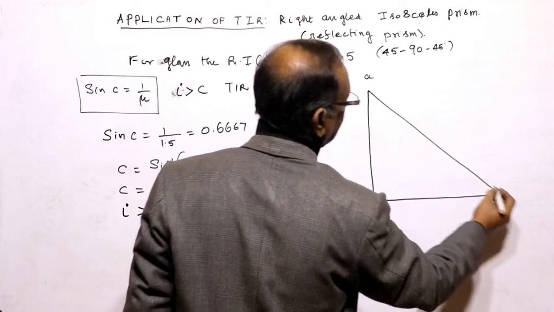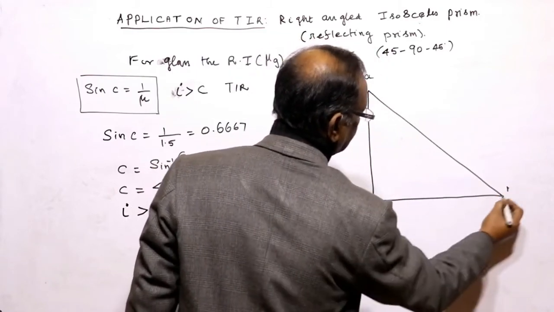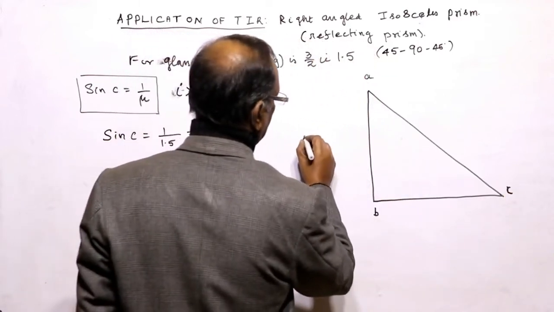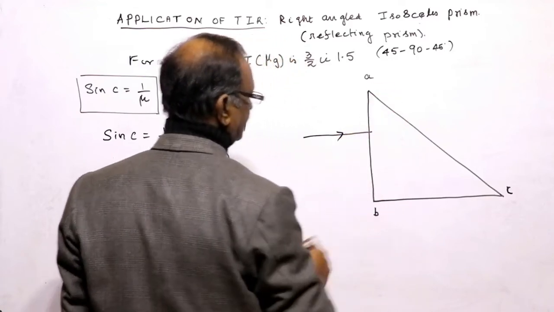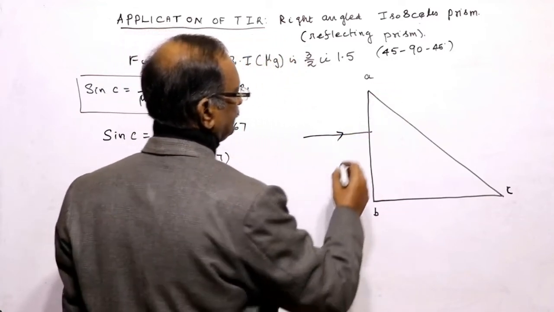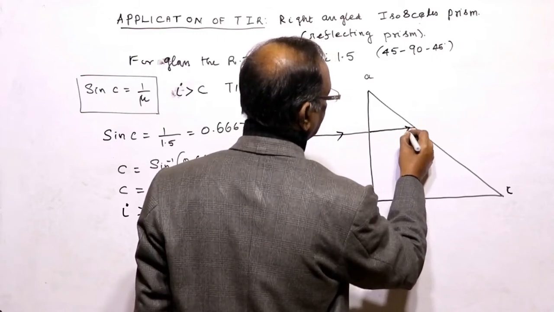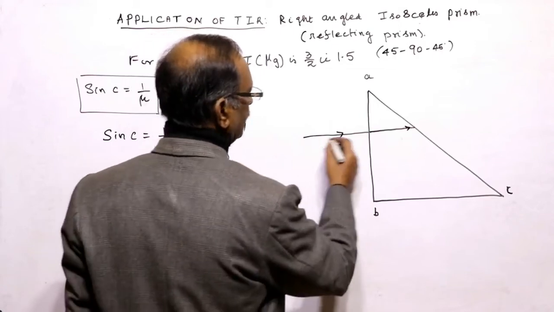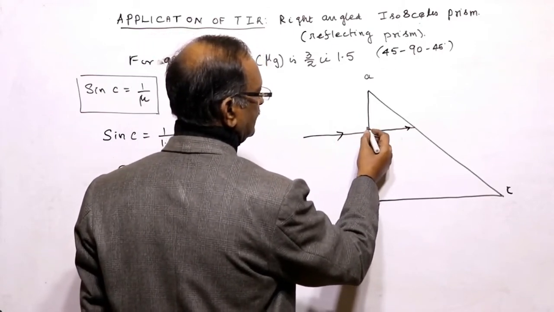Say this is side A, this is side B and side C. When a ray is normally incident at this point, at face AB, after refraction through this face, it will go undeviated, because the angle between the normal and the ray is 0.